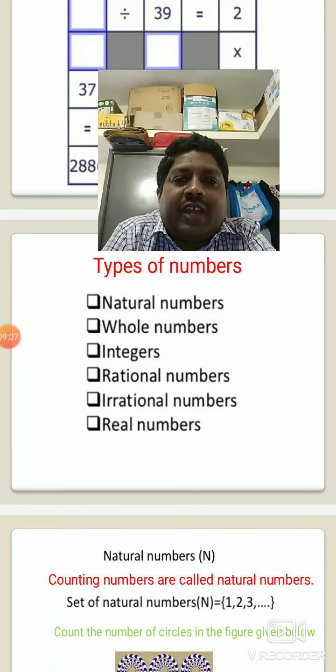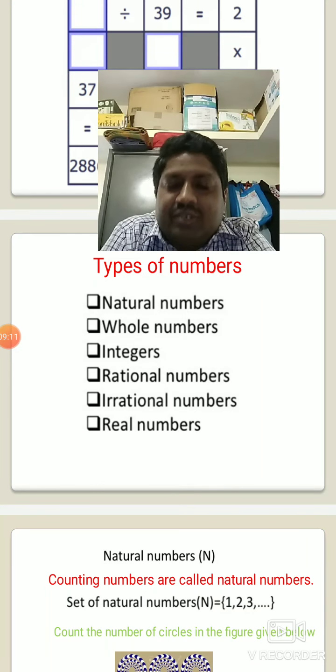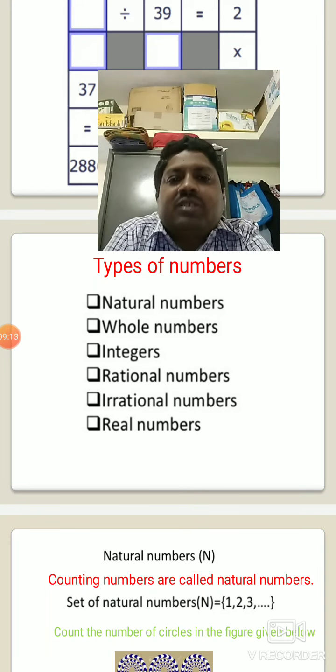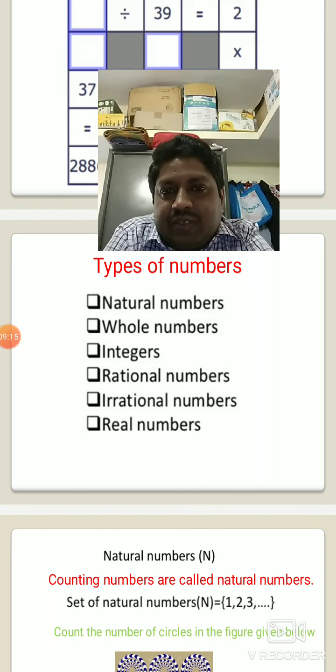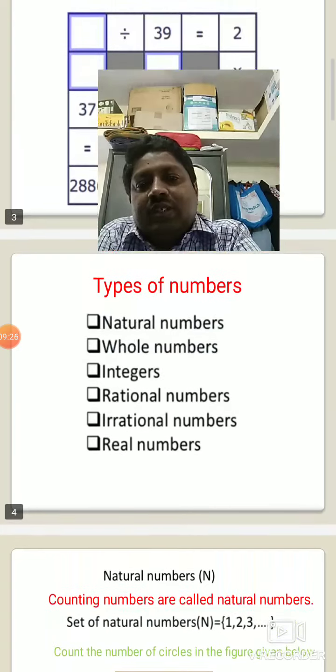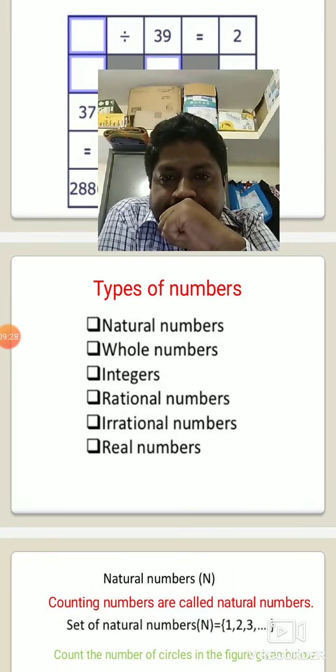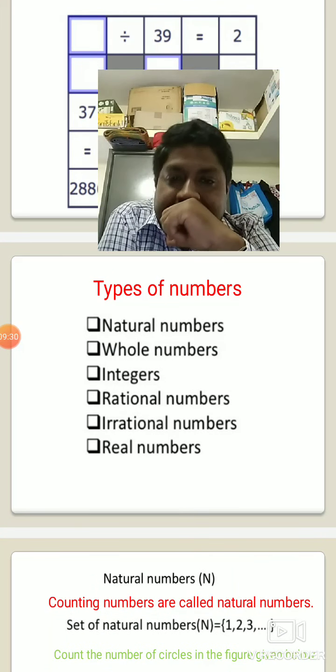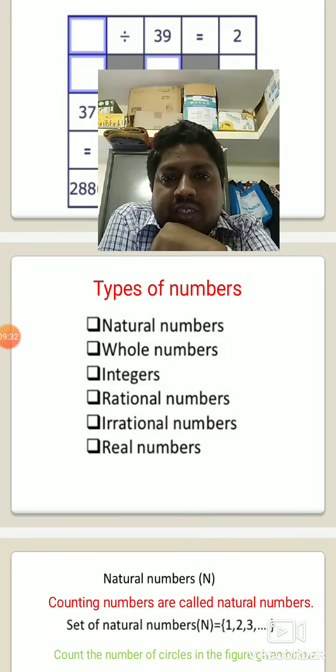Fraction is a rational number, but why is it a rational number? Because it can be expressed in the p by q form, meaning numerator and denominator form. 3 is also a fraction because we can write it as 3 by 1. So 0 is also a rational number.